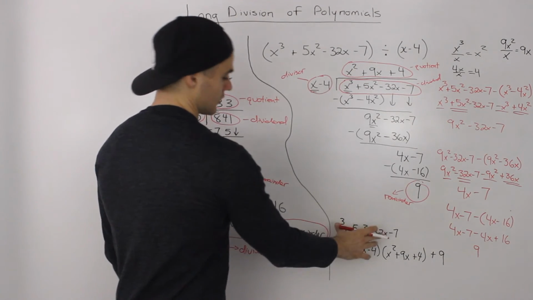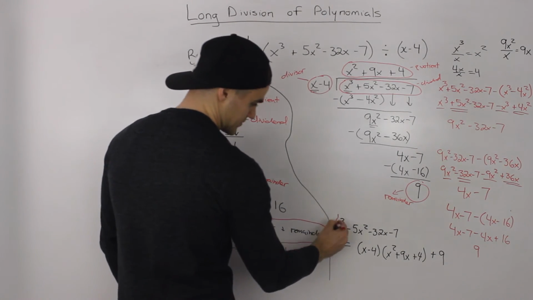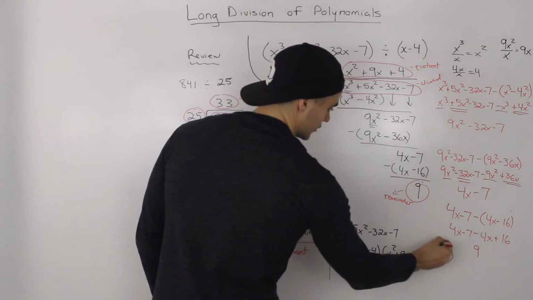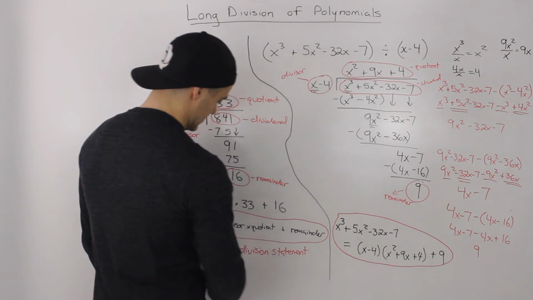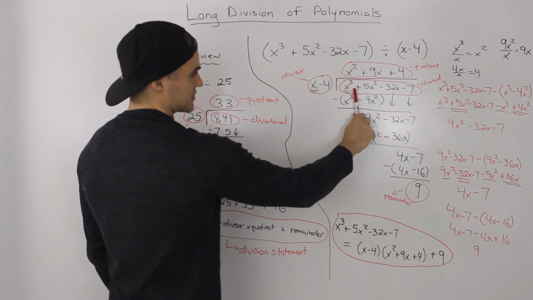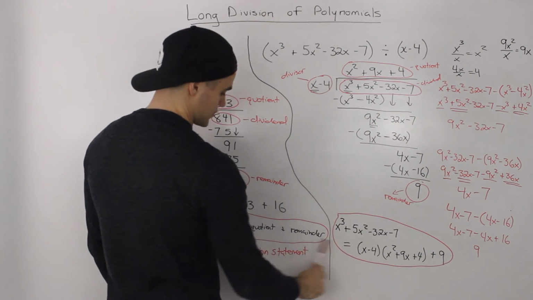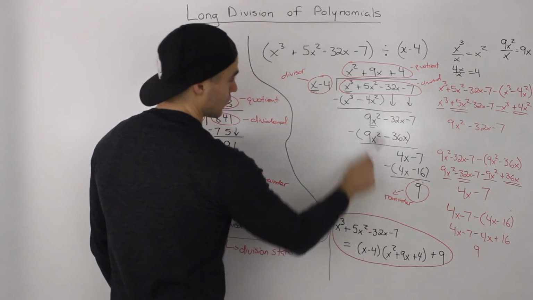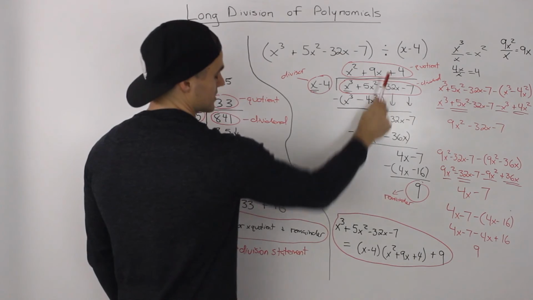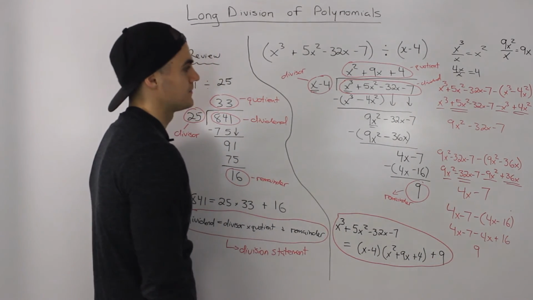So I took this result here and I rewrote it as the division statement because your textbook and a lot of teachers require you to do so after you do long division. So basically the dividend, this x cubed plus 5x squared minus 32x minus 7, is equal to the divisor, this x minus 4, times the quotient of x squared plus 9x plus 4, plus the remainder of 9.